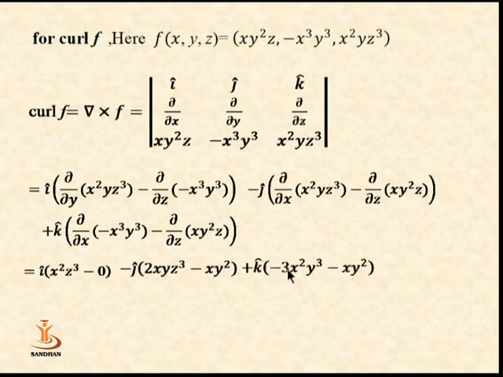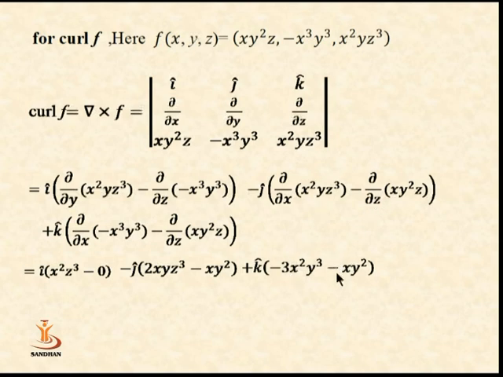Thus we get minus 3x square y cube minus x y square. Here is a mistake, we have to use the plus sign. Thus here the minus is multiplied with this bracket, so this term becomes minus and this term becomes plus.